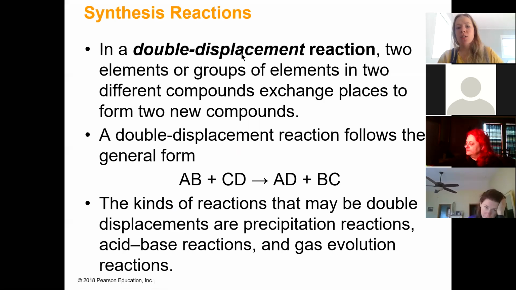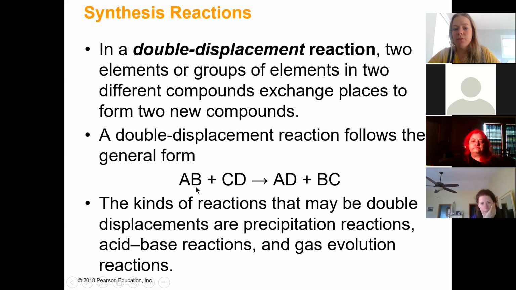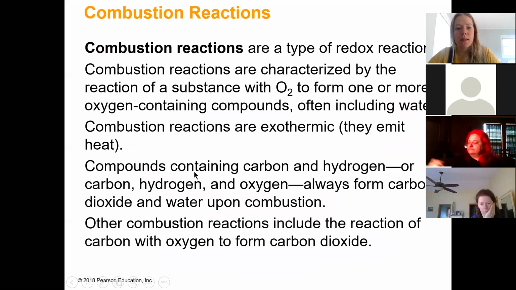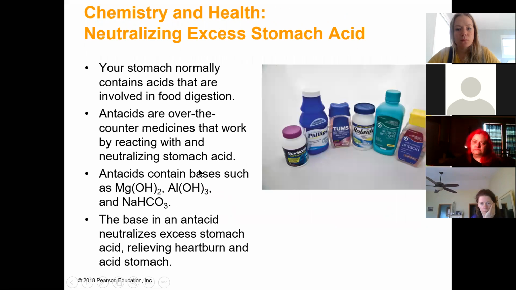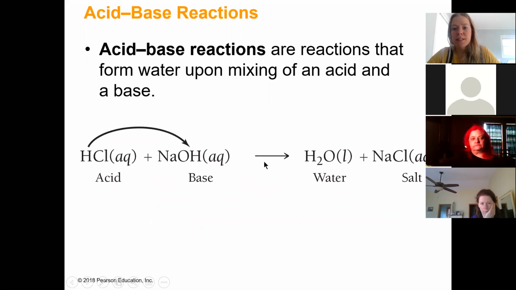Double displacement reactions. All of the precipitate reactions are double displacement. A lot of the acid and base reactions are double displacement. Gas evolutions tend to be double displacement as well. So these are where we just have a flip-flopping of partners. So if I go back, they don't really give an example, but if I go back to, for instance, here, this we would say is a double displacement.